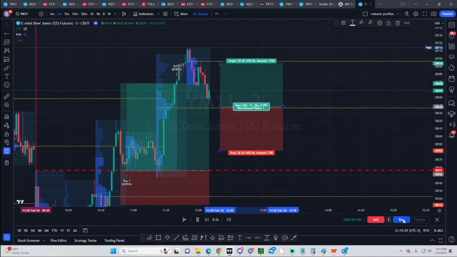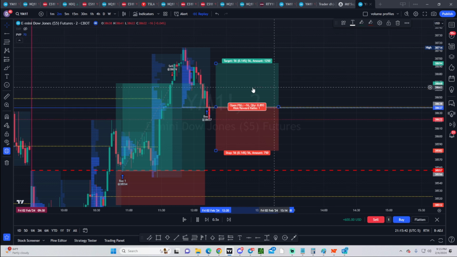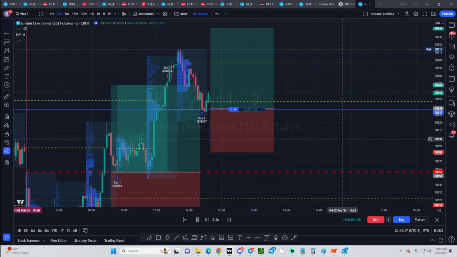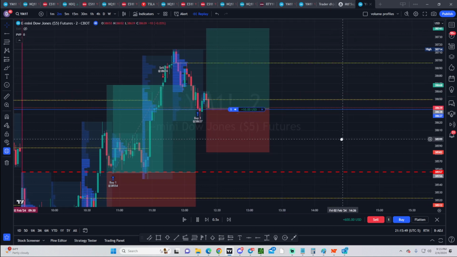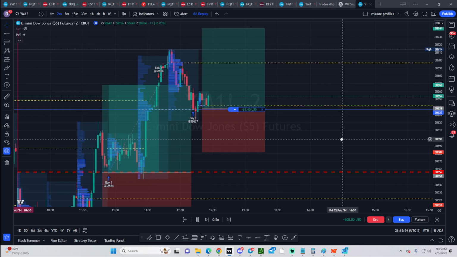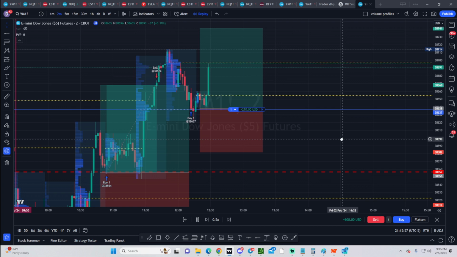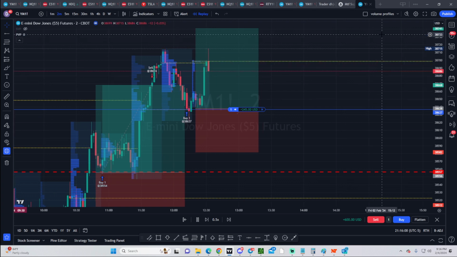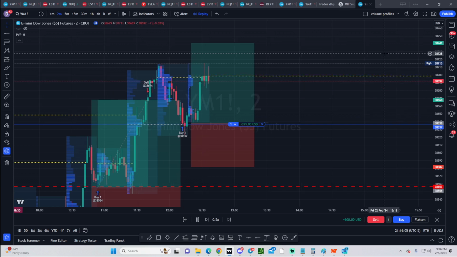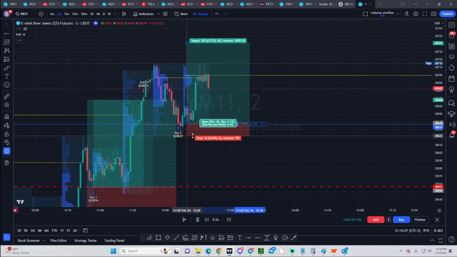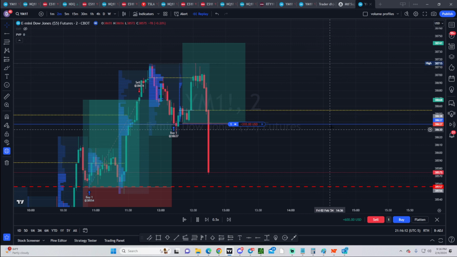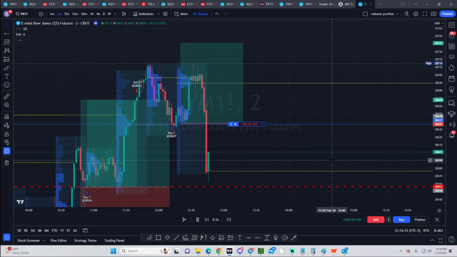If it touches this, I'm gonna buy it right there. So this is the part in which we remove the risk of the trade because it was in profits, and look at that. It just automatically went below it.